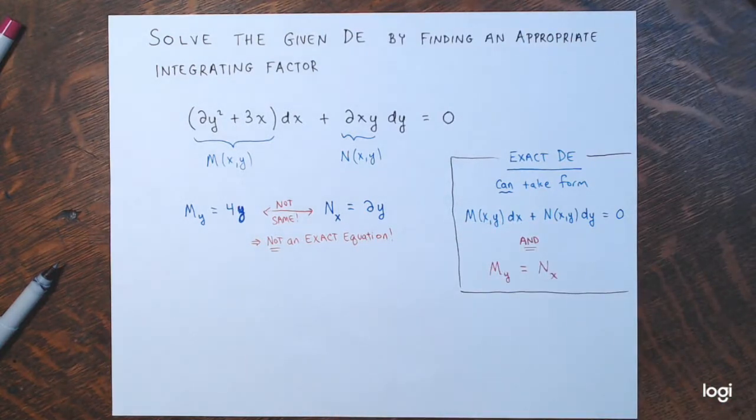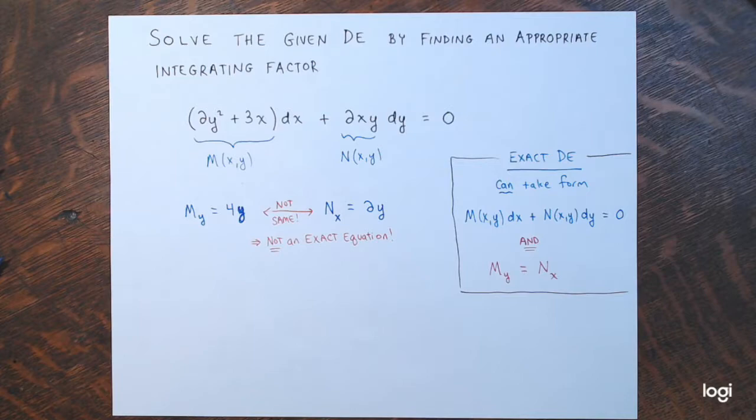So if that's the case, you may still be able to do a little manipulation and make it into an exact equation through the use of an integrating factor. Now, this isn't always able to be done. Please know this. For my two examples in this video, of course it will be, but there are other examples you may come across where you're not going to be able to do this. In that case, the differential equation might have to be approached in some other fashion.